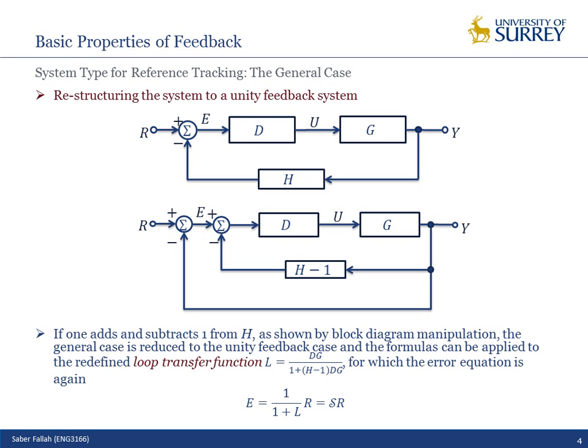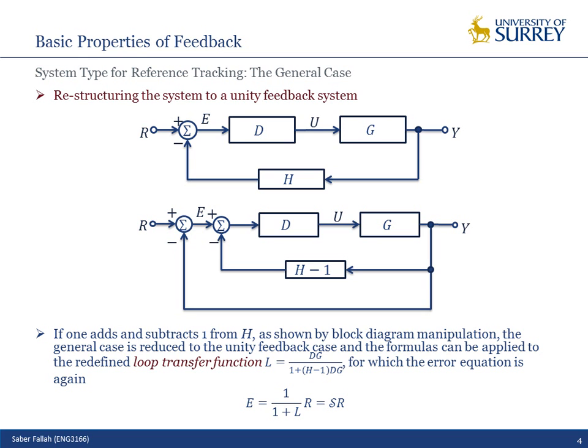What was another definition of the type? The number of integrators of the loop gain. What was the integrator? It was 1 over S. If I don't have any pole at origin for the loop gain of the system, the system is type 0.